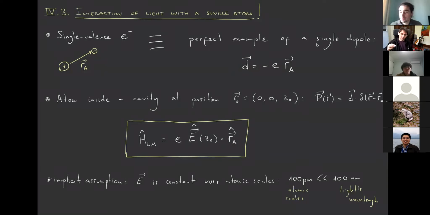Now we are going to work out this Hamiltonian, and then solve for its eigenstates to see which kind of physics appears compared to the situation in which we don't have any coupling between light and matter.